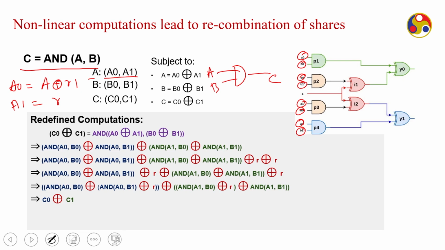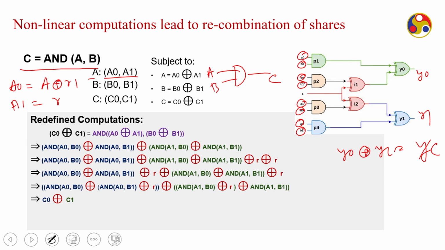Now AND will be implemented as this, and this Z is another random value, I will talk about a bit later, in another 5 minutes, why this Z is also needed. And this is your Y0 and Y1, and if you do Y0 XOR Y1, you will get Y, what was the actual output C, right.